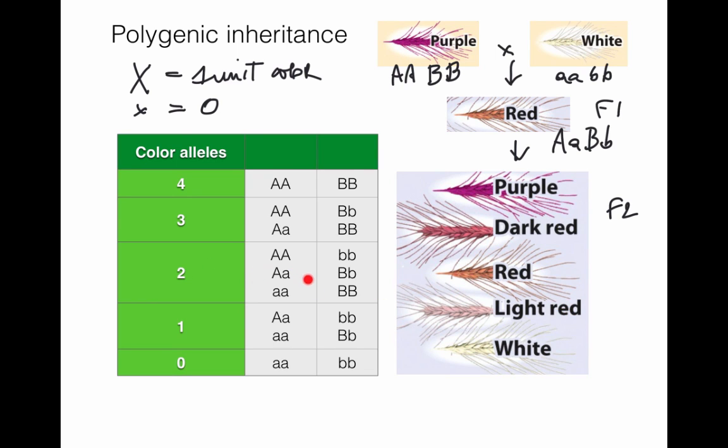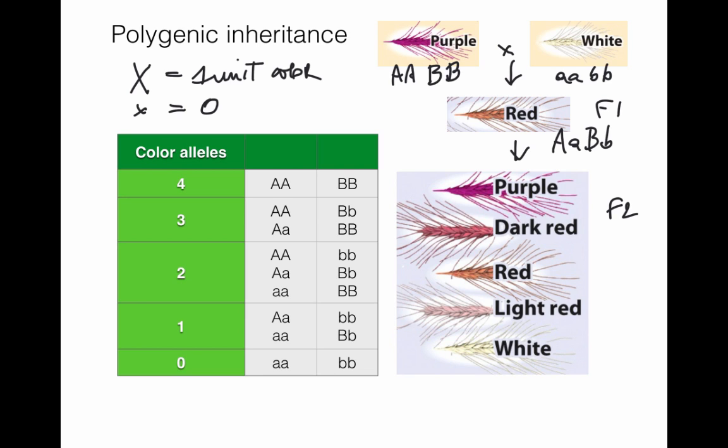Here's another class which would have 2 alleles being uppercase, such as big A and little b, or perhaps big B and big A, little a, and that gives us a red color. And finally, we get a class which is dark red, which has 3 color alleles, and again, this would be, for example, big A, big B, and little b.